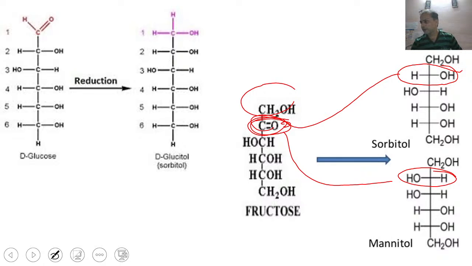Both will form, only their percentage sharing will be different. This is like what we have seen with alpha and beta anomeric structures: both are present, only their contribution, their percentage sharing, will be different, but both will be there.